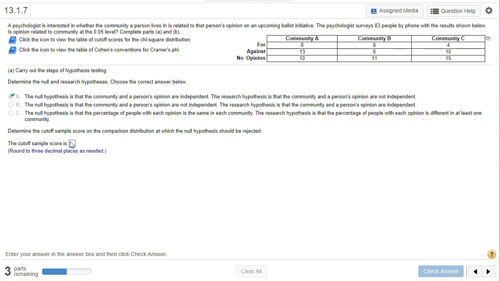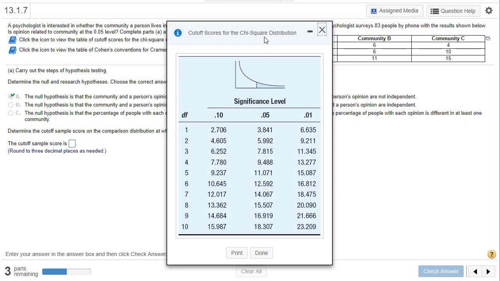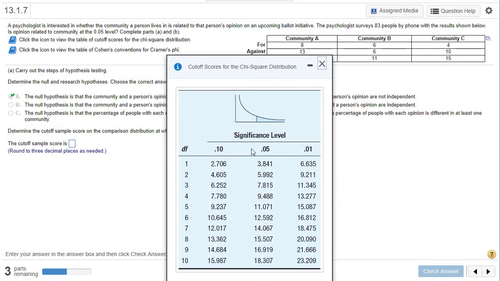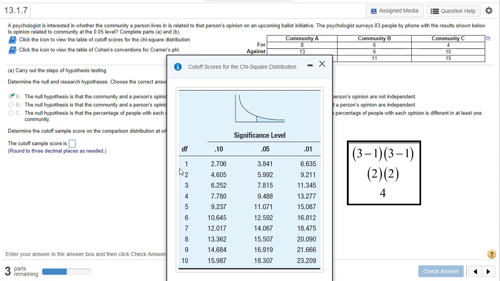Okay, so the cut scores, and we'll do both cut score method and p-value method here. So let's look at the cut scores. We're looking at 0.05 level of significance. Now recall what DF is. For degrees of freedom for these contingency tables, you take the number of rows minus 1 times the number of columns minus 1.